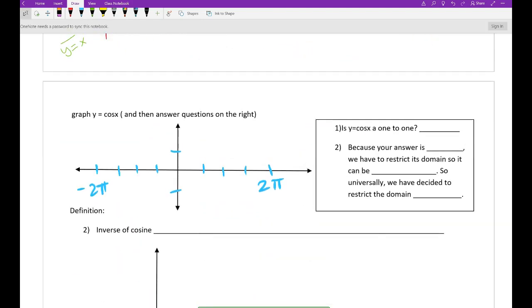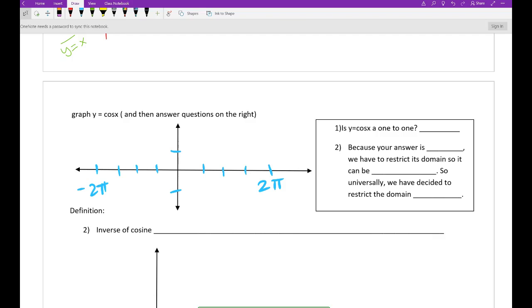Okay, so you and your team graph out cosine, and then answer the question to the right.